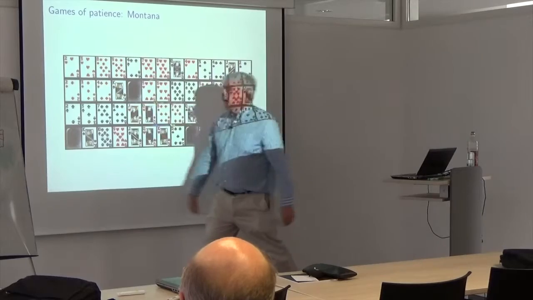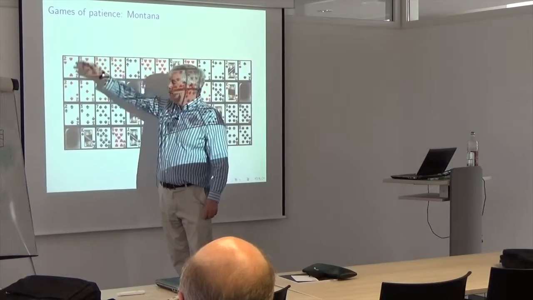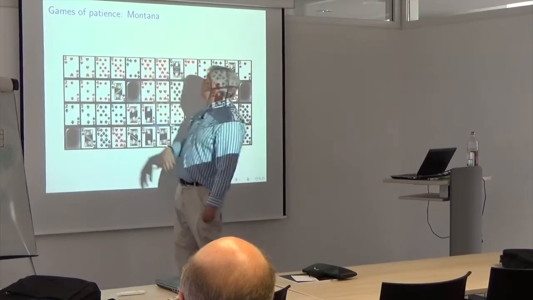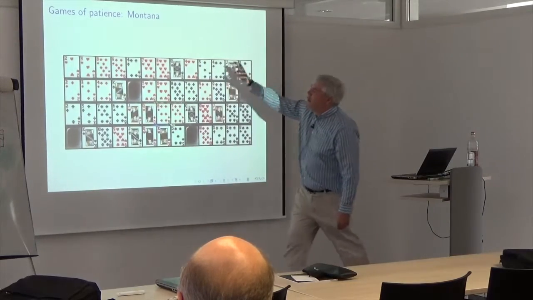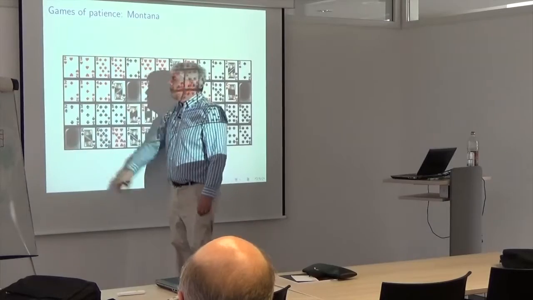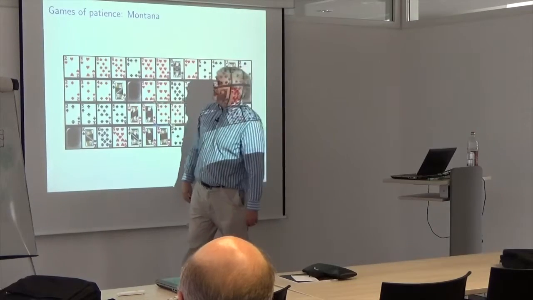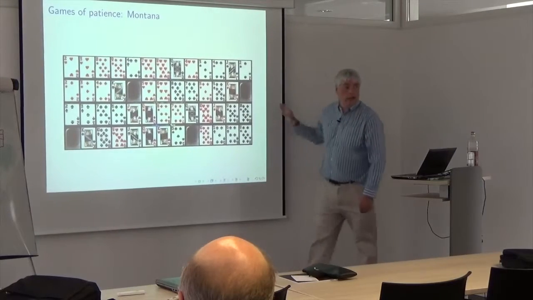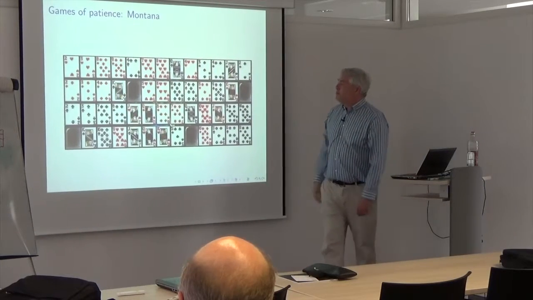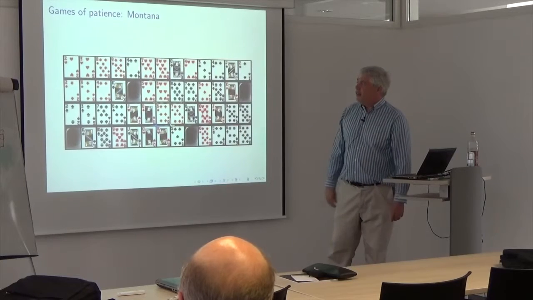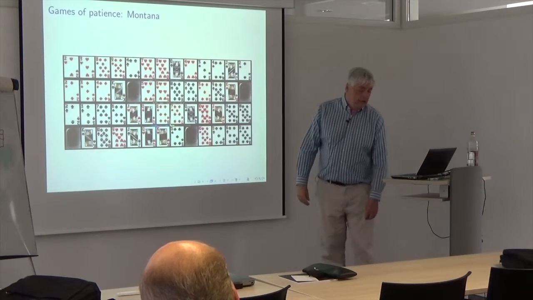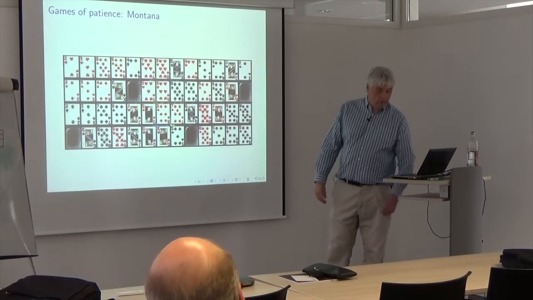Whenever a gap appears at the left-hand side, like this, you can fill it with a 2. You see 3 of these are already filled with 2s, and I think there's one up here somewhere that I could put into here. And the object of the game is basically to have all 4 suits arranged in the 4 rows, like this. That's a game which I didn't know the name of for most of my life, but I had played it a lot as a child, and I eventually discovered via Google image search that it was called Montana.